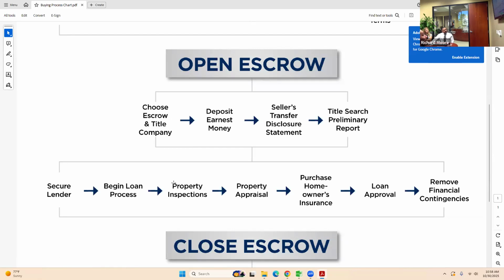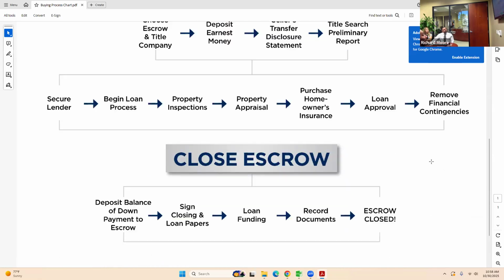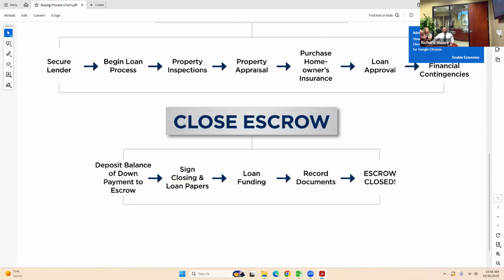Then you do the inspections, the appraisal, and the homeowner's insurance within that time, and the loan gets final approval. You remove contingencies, and deposit the balance and down payment to escrow at closing. Then you sign closing and loan documents, the loan gets funded, the documents get recorded, and escrow closes.